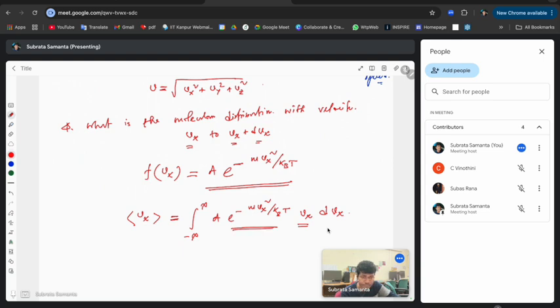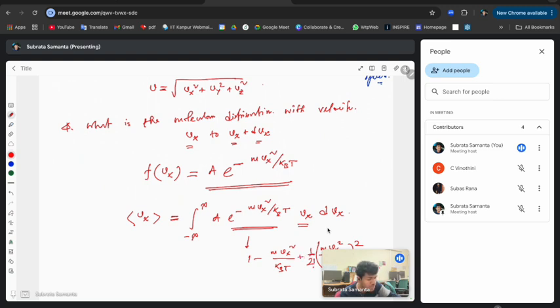So this is an odd function and this is an even function. If we expand the exponential, it is basically 1 minus m vx square over 2kT plus m vx square over kT, whole square over 2 factorial, plus dot dot.